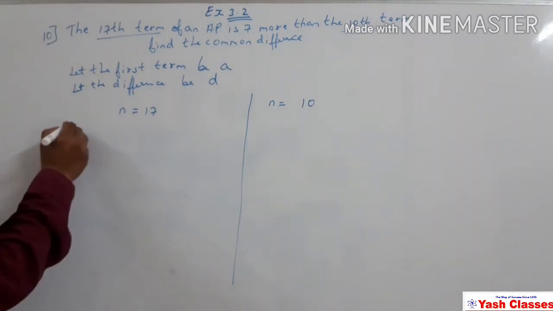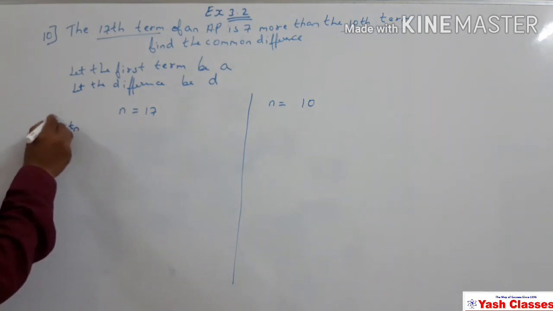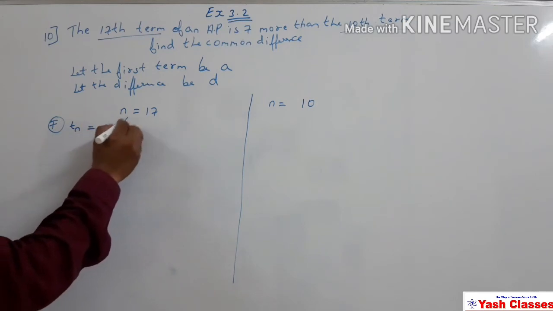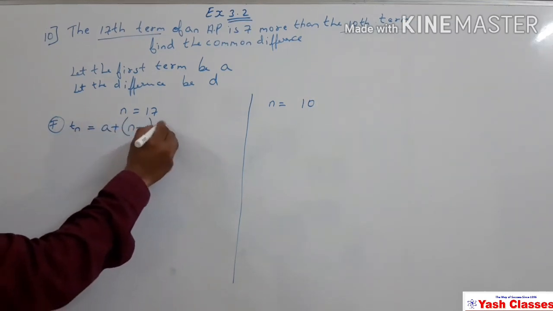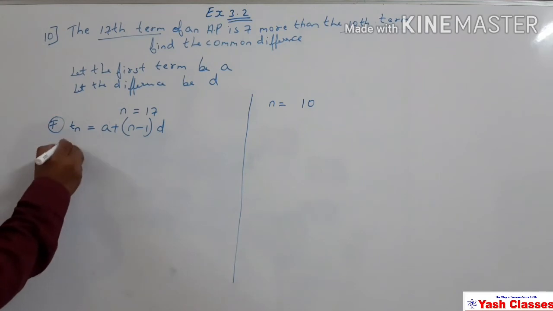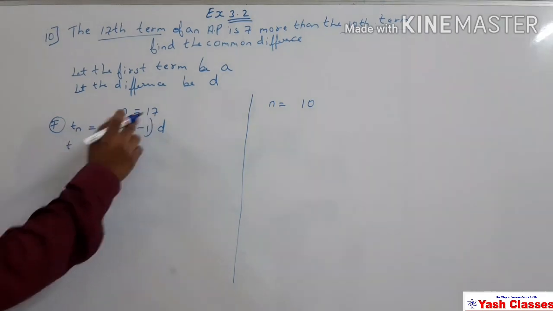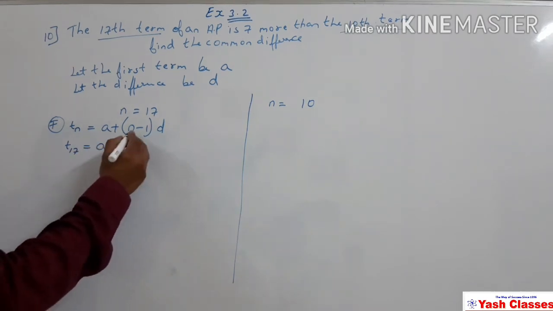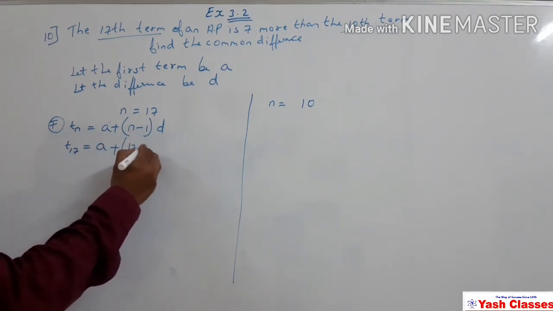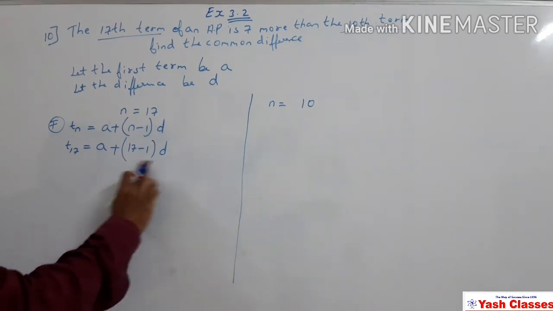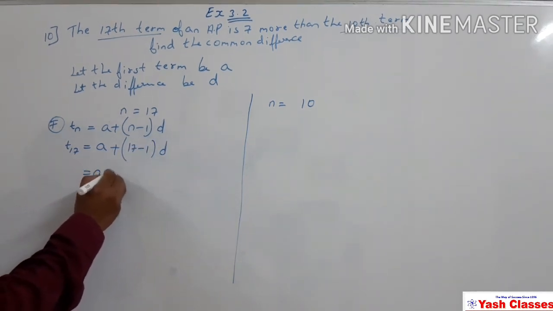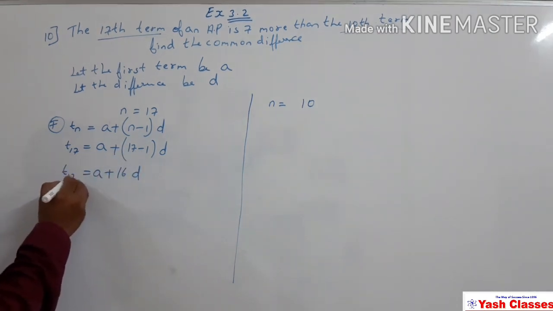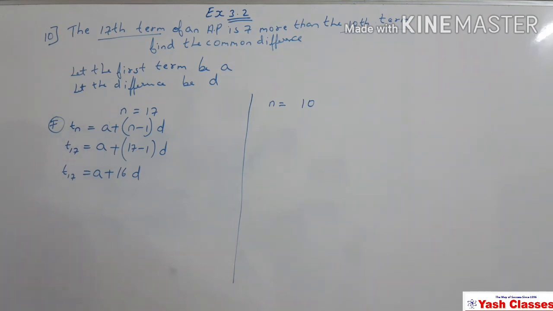Now formula: Tn is equal to a plus bracket n minus 1 d. This is your formula. Tn, we don't know, n is given here 17. A plus, n is 17 minus 1 d. 17 minus 1 is 16 d.